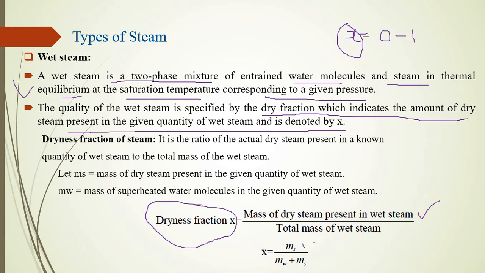Here ms is the mass of steam and mw is the mass of water. The dryness fraction is the ratio of the mass of dry steam present in the wet steam to the total mass of the wet steam.